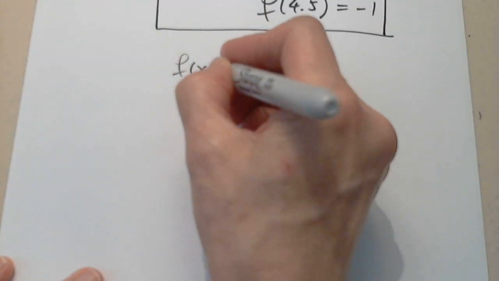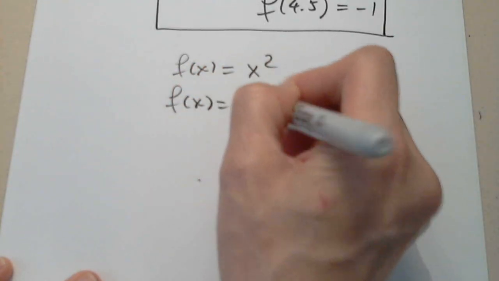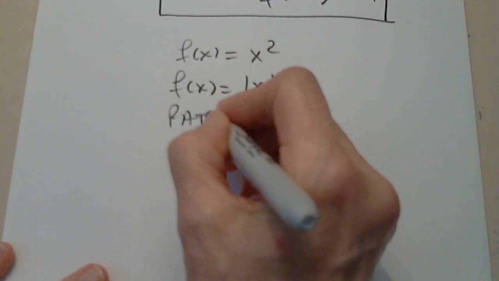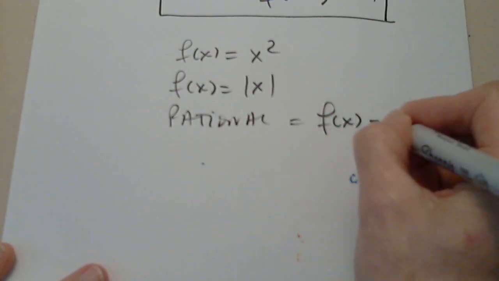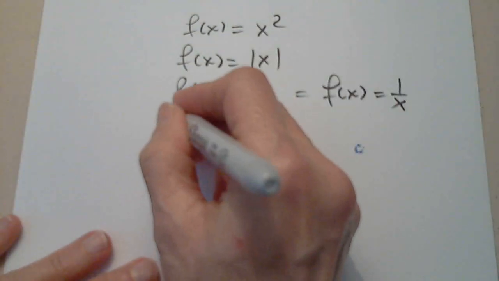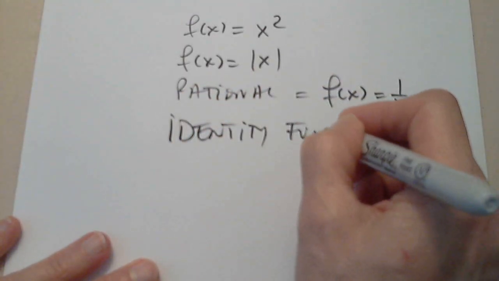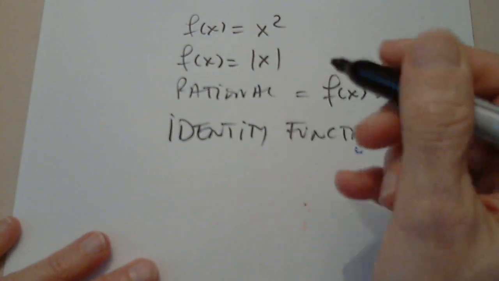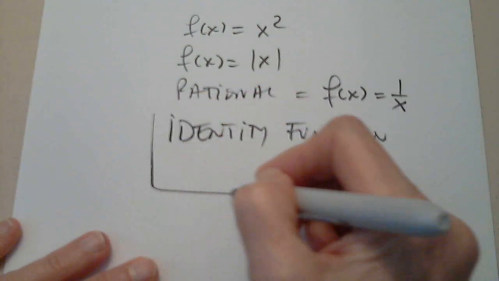So f of x is x squared. f of x equals the absolute value of x, and rational. The simplest possible rational function is just 1 over x, and the identity function is the simplest linear function, and of course is this.